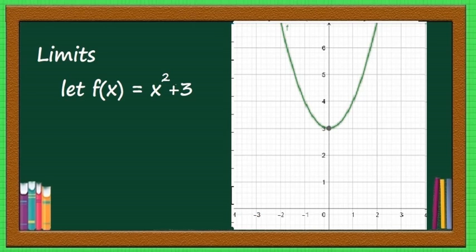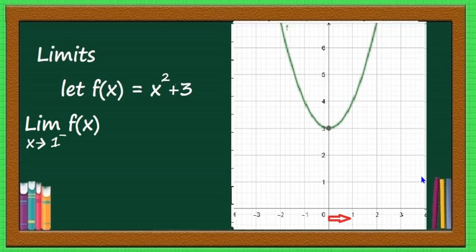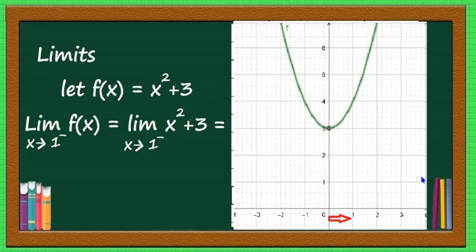Now you see the graph of the function y is equal to x square plus 3. As x approaches 1 from the left side, it is written like this: limit x tending to 1 minus f of x, which is equal to limit x tending to 1 minus of x square plus 3.